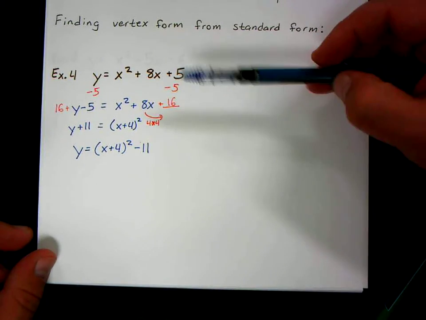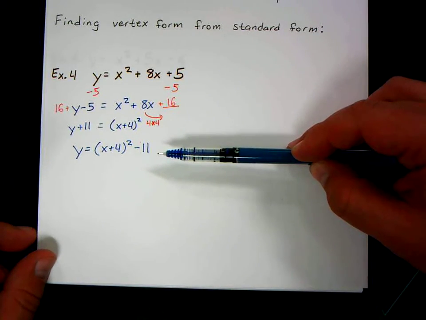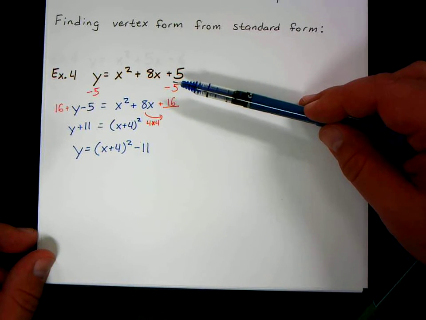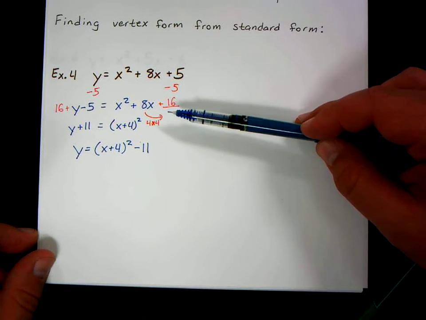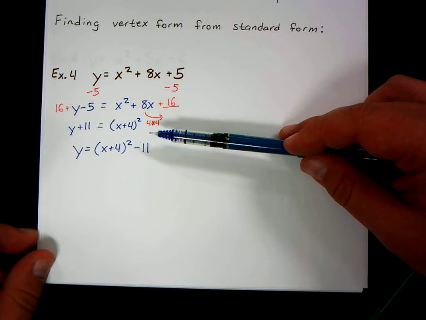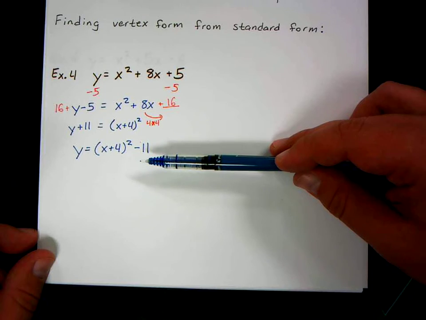So we took standard form and we changed it into vertex form. And we did it using completing the square like we did yesterday. We followed pretty much the same steps. We moved the 5. We completed the square. And then instead of solving like we did yesterday, we just moved the 11 back over.